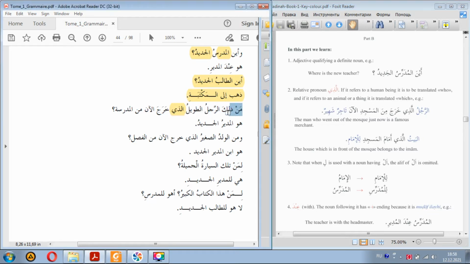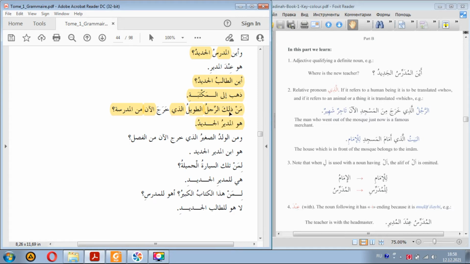And let's take a look here. من ذلك الرجل, who is that man, الطويل, who is that tall man who went out just now from the school? هو المدير.